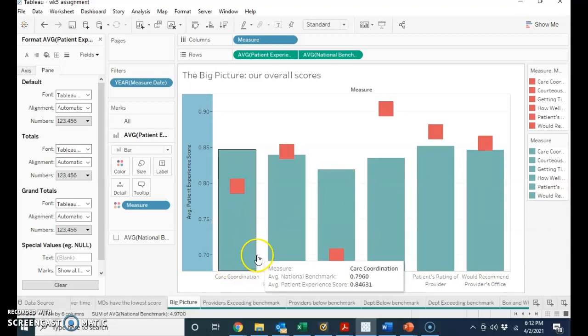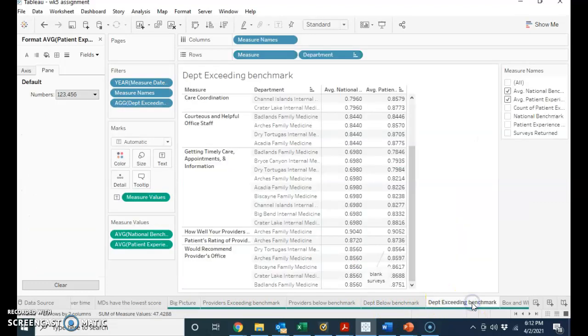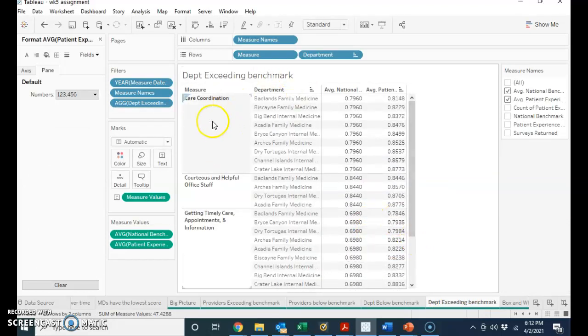So drilling down to the next level, let's look at the departments. We'll start with the positives and look at departments that are exceeding the national benchmark. So again, here are our 5 key measures, and here are the departments.